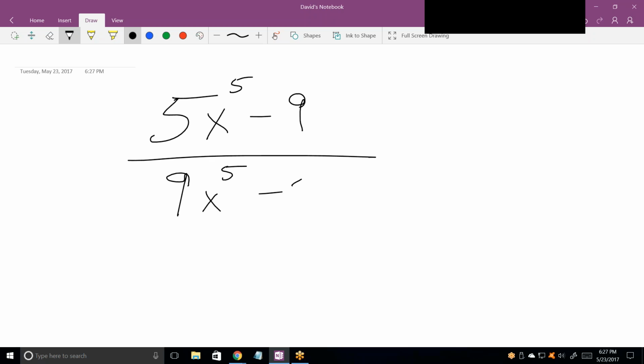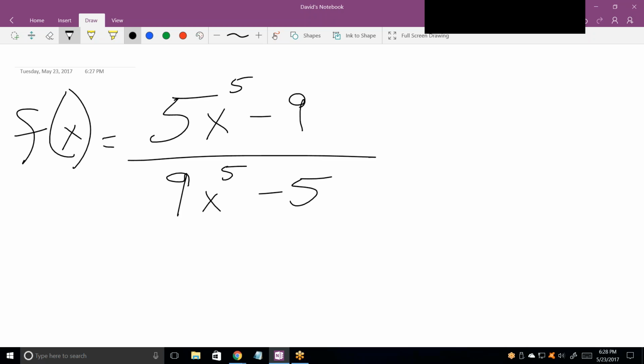It's f of x equals that, and it's asking for the asymptotes. I knew that's what it had to be because there's no way to simplify that. So it can't be anything other than what are the asymptotes.